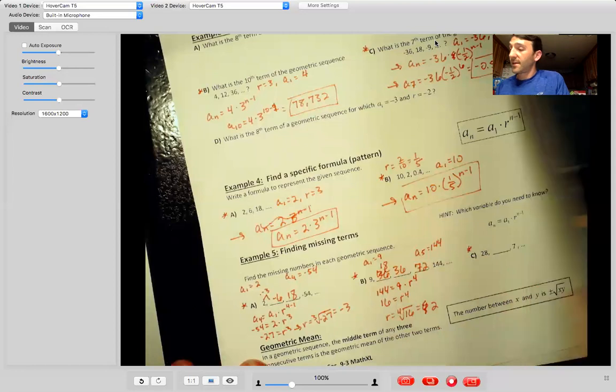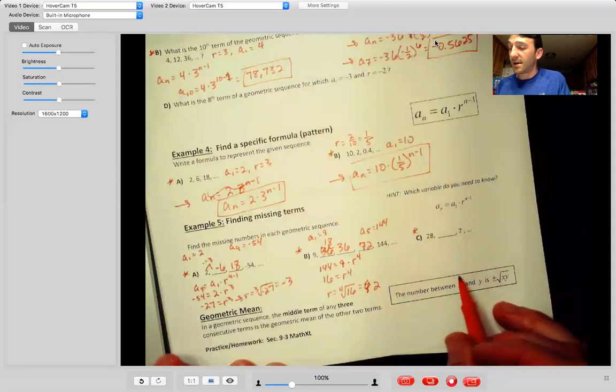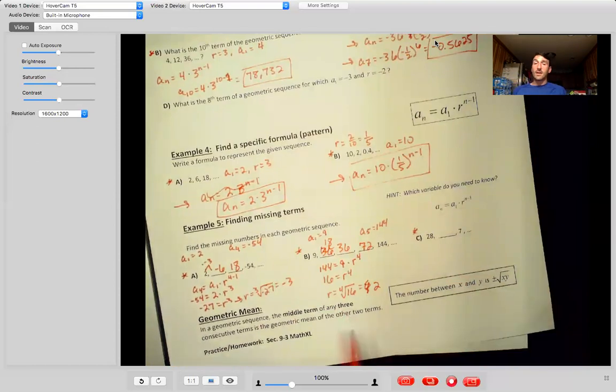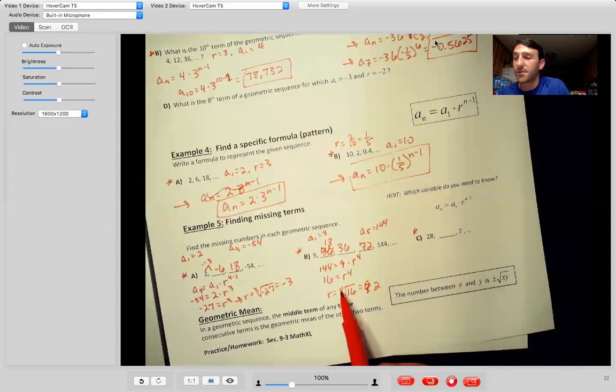All right, and then this last example, I just wanted to cover this because just like on the last term we had arithmetic mean, here we have geometric mean. You're doing the same thing we just did, except you always take the square root, and you know it's always plus or minus. I guess I should have stated that on the last one too, since that was an even root.